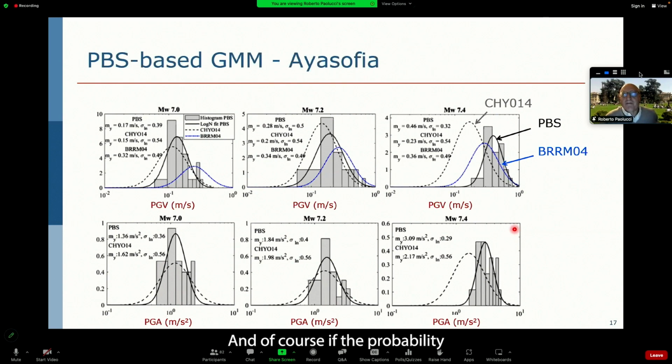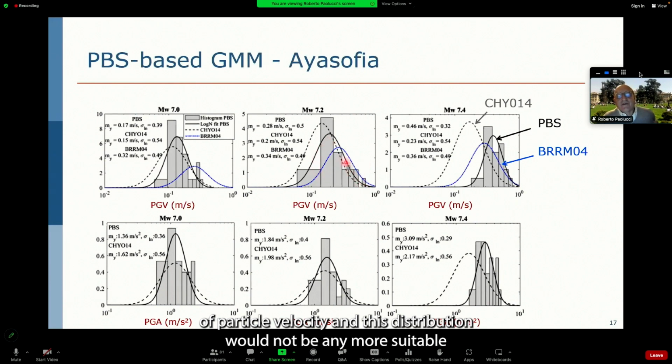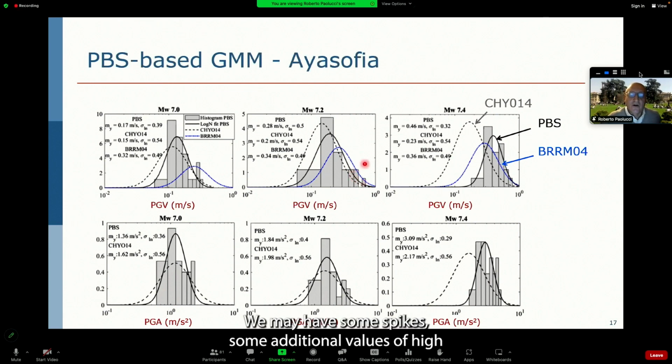Of course, if the probability of such super shear types of rupture is large, so we may expect, say, 30% of these slip distribution models to be affected by super shear, then we should have a much larger presence of high values of peak ground velocity, and this distribution would not be suitable any more. If instead the percentage of such models is, say, a few percent, 5%, and so on, we may have some spikes, some additional values of high peak ground velocity, but all in all, the overall probability distribution would not change significantly.